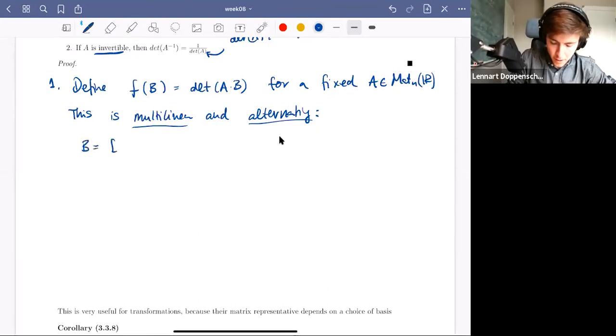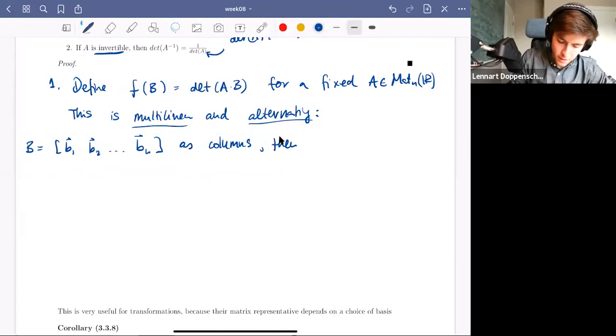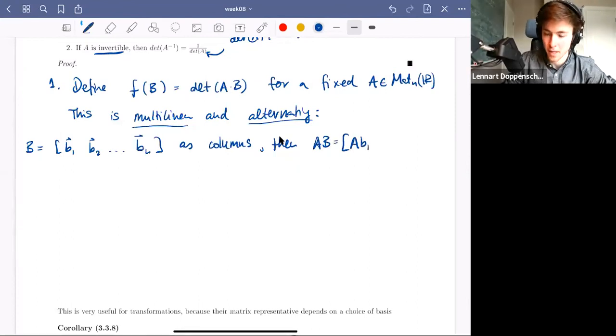If we write B in terms of its columns, so this is B1, B2, and so on, Bn as columns, then AB has columns which are given by A multiplied to B1 is the first column of AB, AB2 is the second column of AB, and so on.